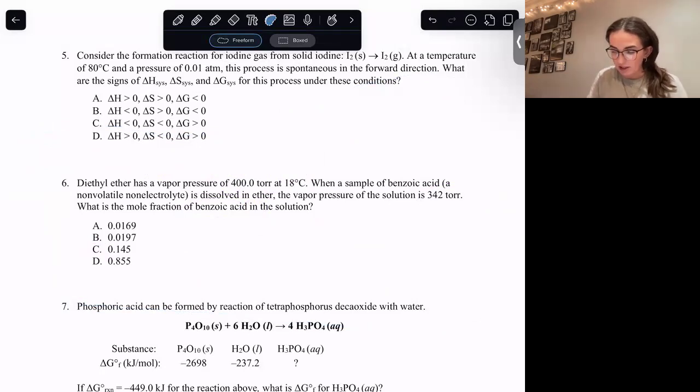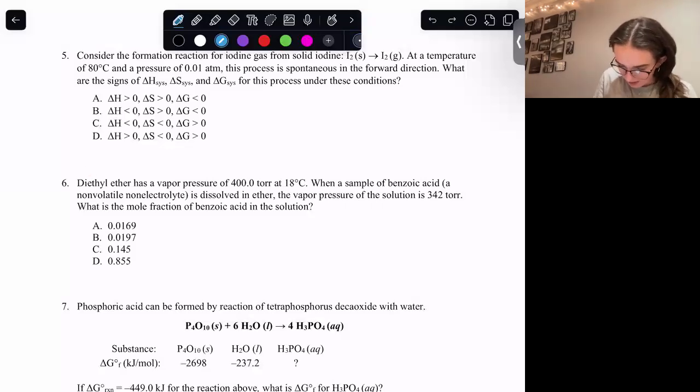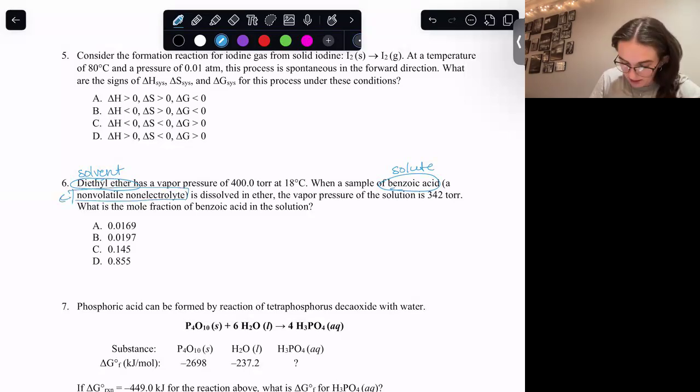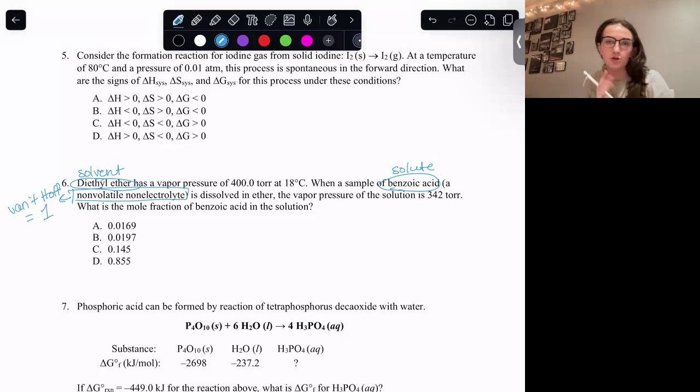So the thing to note here is that diethyl ether is your solvent, and benzoic acid is your solute. When they say non-volatile, non-electrolyte, this is a van 't Hoff factor of 1. So it's not contributing, it's just contributing the 1 mole that it has to it.